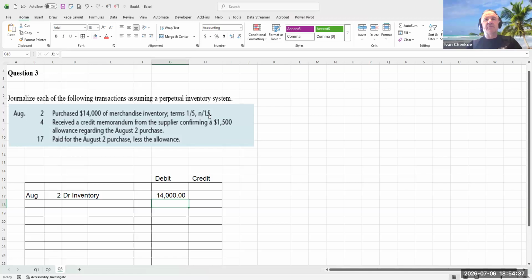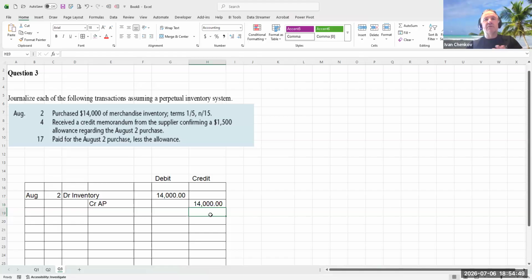Within 50 days, we have to pay without any discount. And we're going to credit accounts payable again, $14,000. Then we're going to receive a memorandum from the supplier confirming that $1,500 allowance regarding the August 2nd purchase.